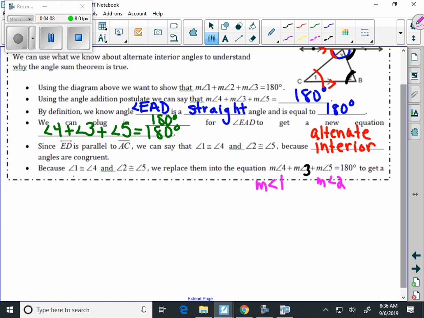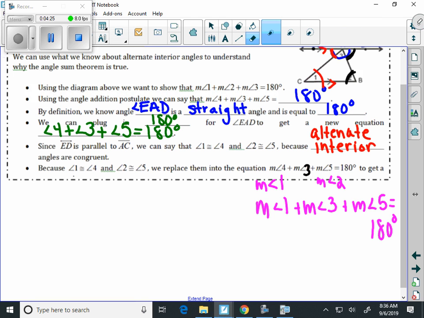And ultimately then, what we have is the measure of angle 1 plus the measure of angle 3, when you fix the typo, plus the measure of angle 2, not angle 5, and all of that equals 180 degrees. We replaced angle 5 with angle 2, and even though it's out of order, we've got 1 plus 3 plus 2.